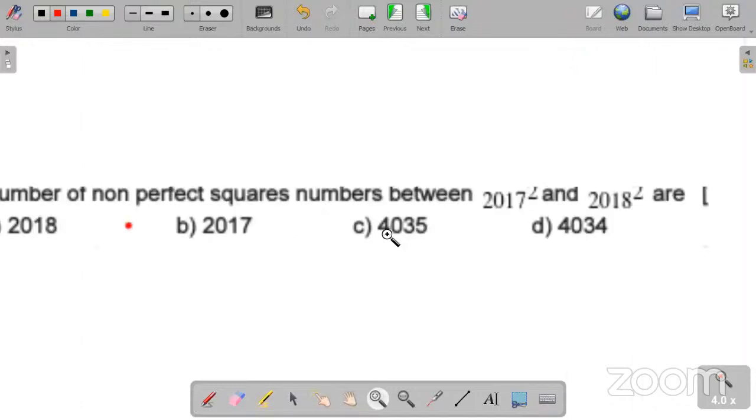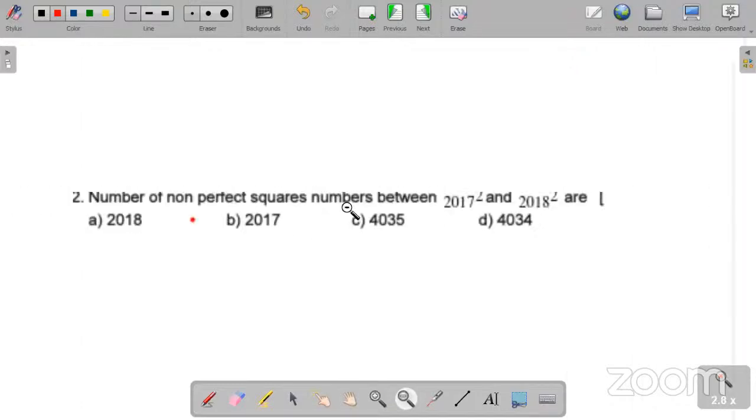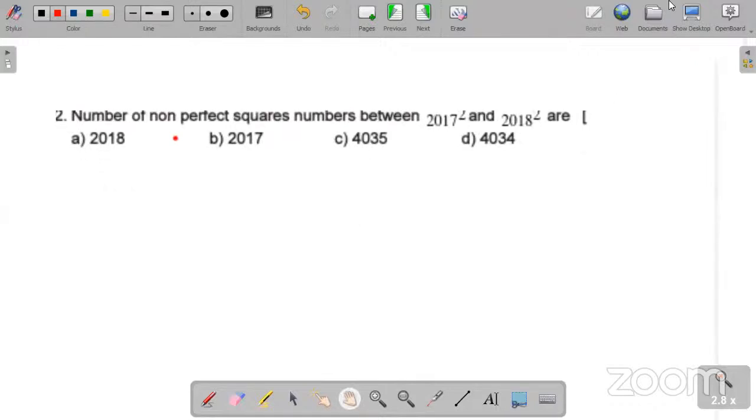Don't worry, first I will read the question. So this is the question. Once again I will rewrite it. The number of non-perfect squares between 2017 square and 2018 square.